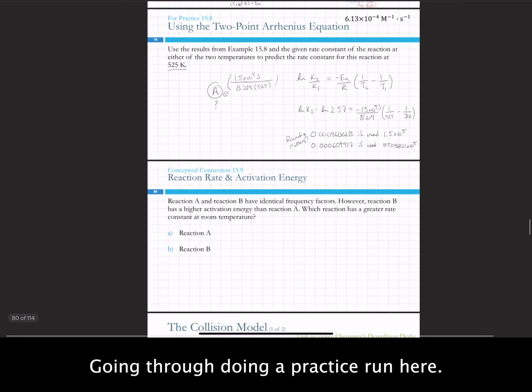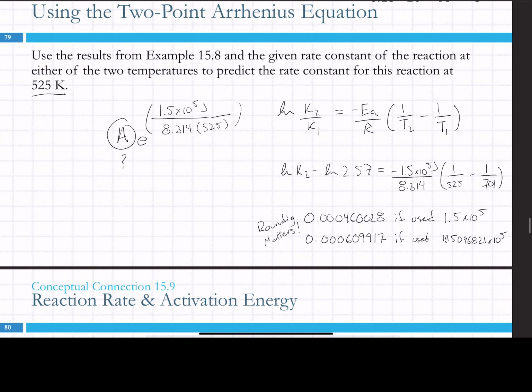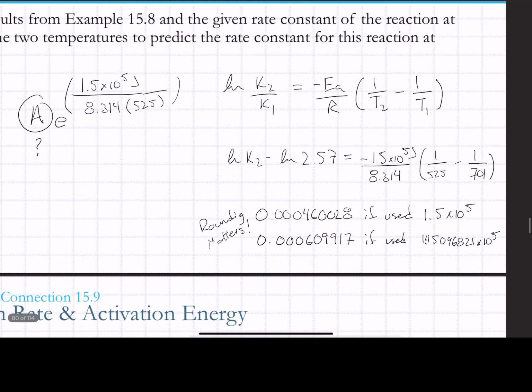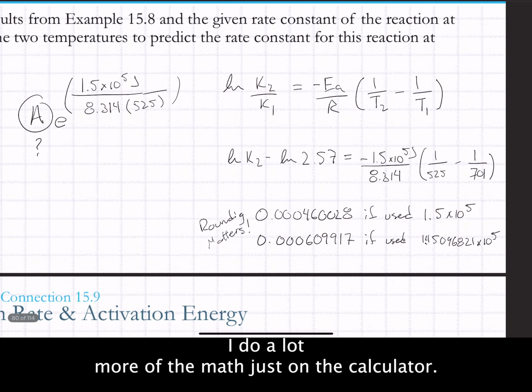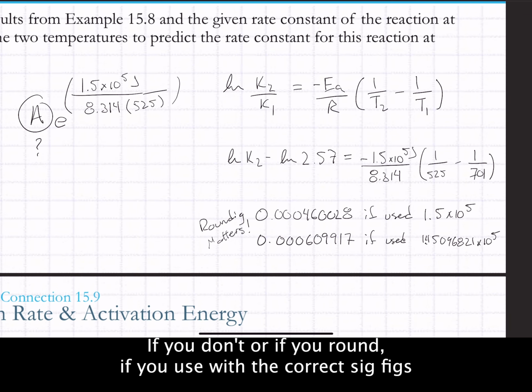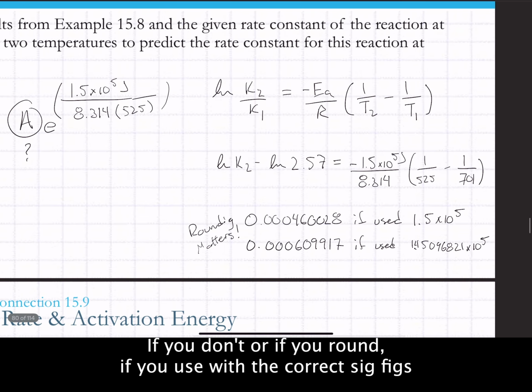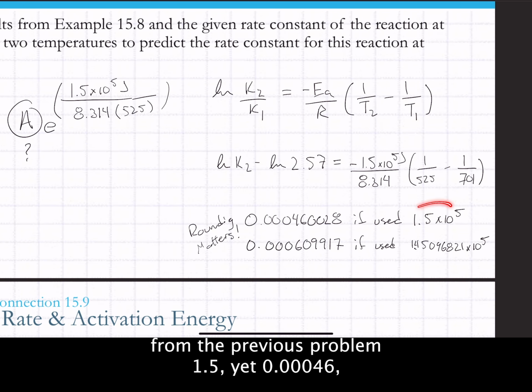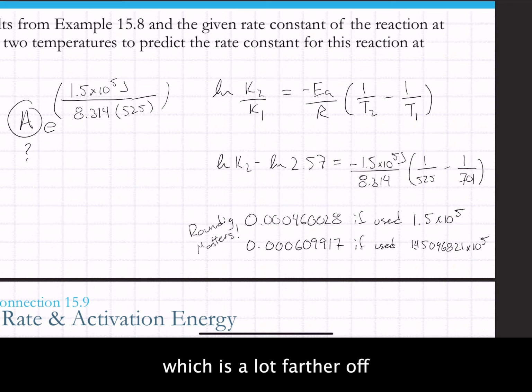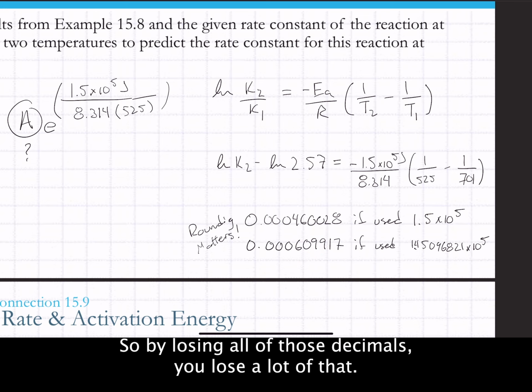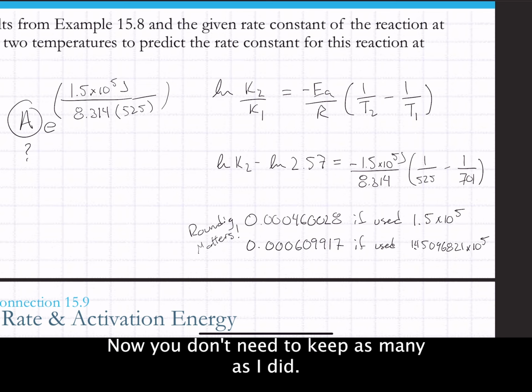Going through, doing a practice run. I do a lot more of the math just on the calculator. If you round, if you use the correct sig figs from the previous problem, 1.5, you get 0.00046, which is a lot farther off than just the 6.0. So by losing all of those decimals, you lose a lot. Now you don't need to keep as many as I did.